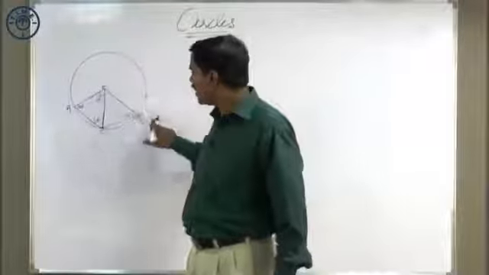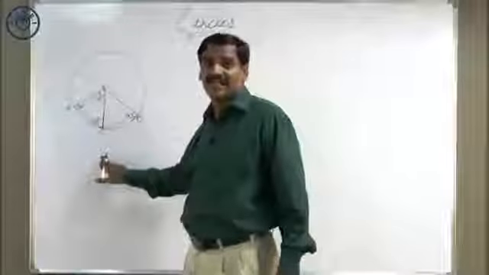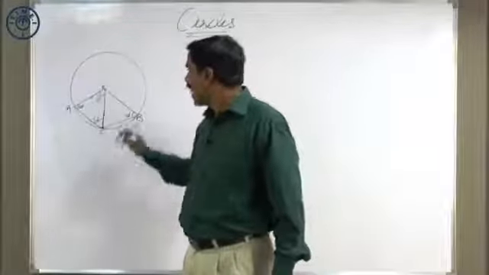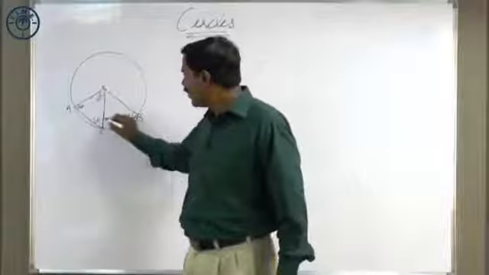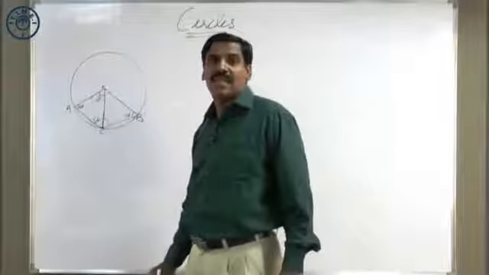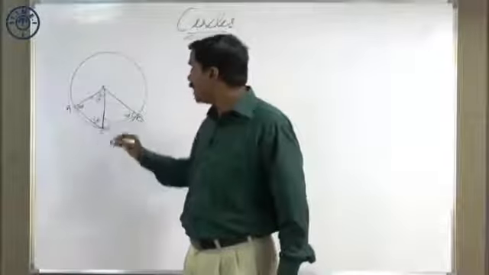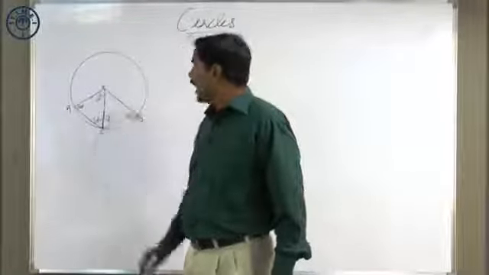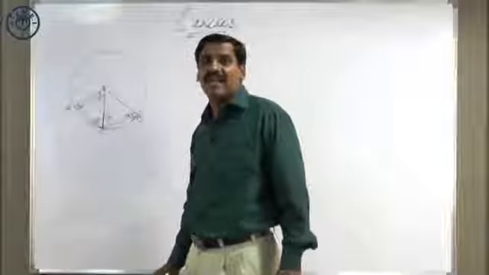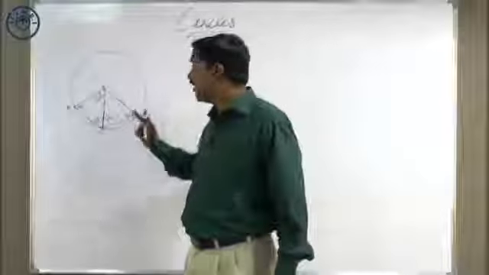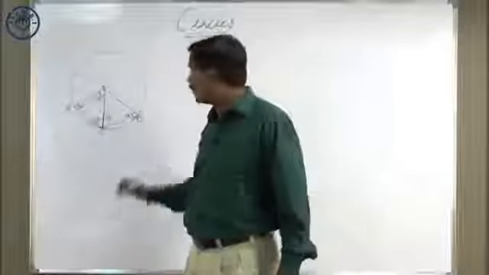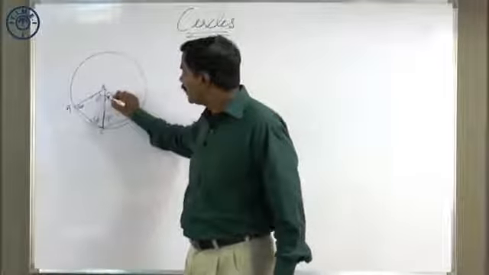We have OB as the radius, OC also is the radius of the circle. In that case, as OB and OC are equal, the angles opposite to them also should be equal. So OBC is 70 degrees, and the angle opposite to that also should be 70 degrees. As the sum of the angles of a triangle is 180 degrees, we have 70 plus 70, already 140 is present here. So the balance 40 degrees should be present here.